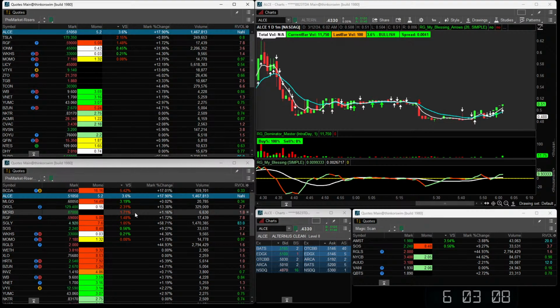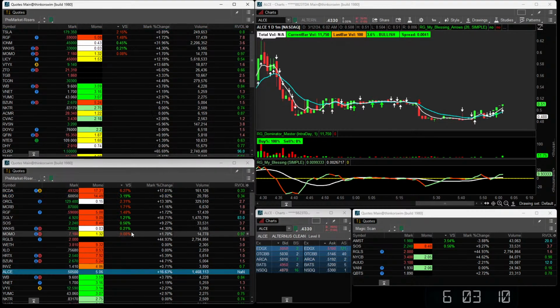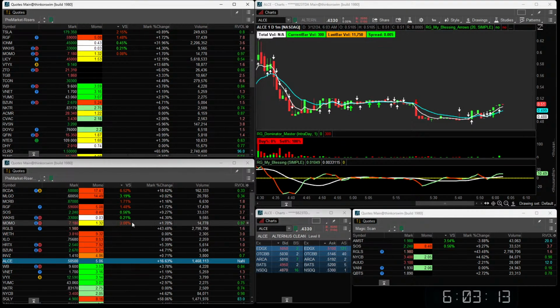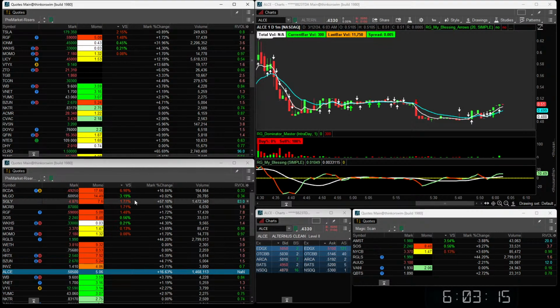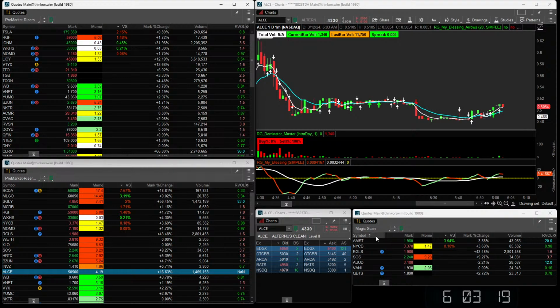So we're watching both columns. We're watching for these green percentages to start rising. Also watching this one over here. This is the magic scan, and it really is magic.